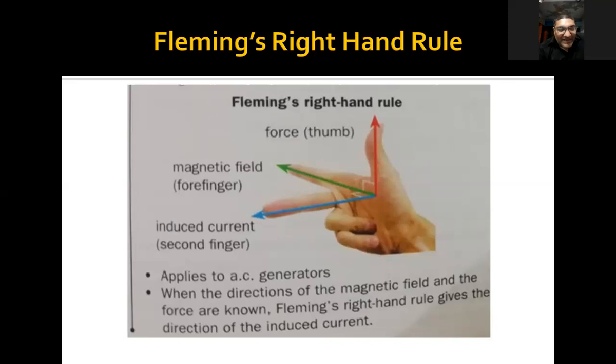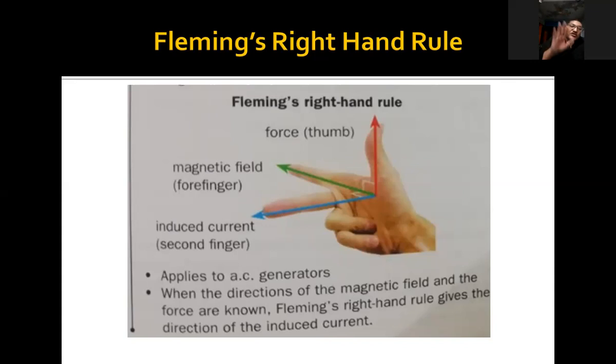When mechanical energy, with the help of a magnetic field, induces electric energy, we use Fleming's right hand rule. For generators, which convert mechanical energy into electric energy, we use Fleming's right hand rule.